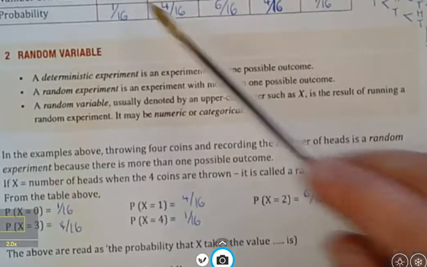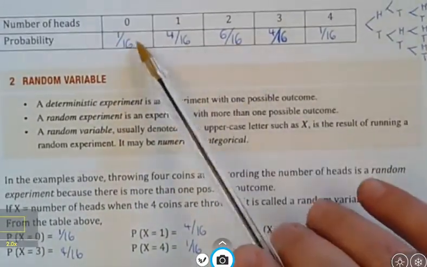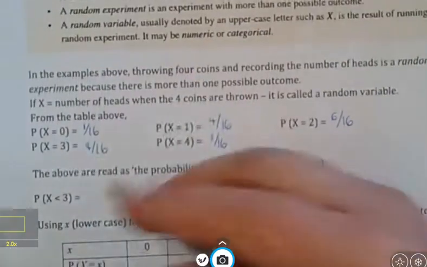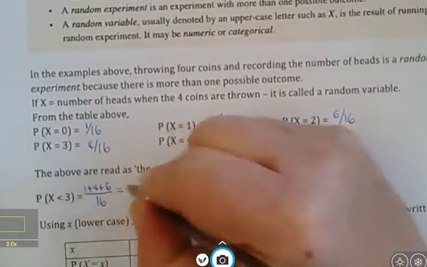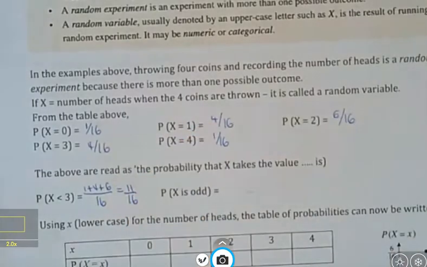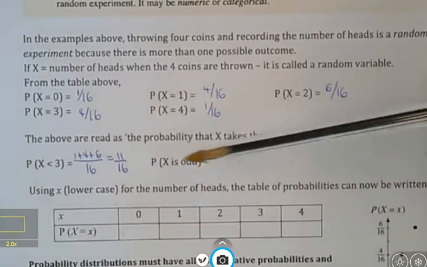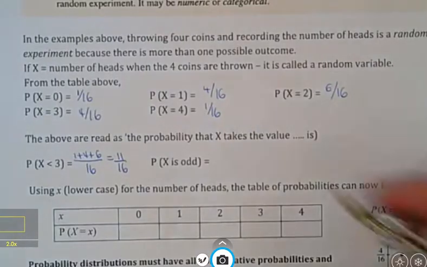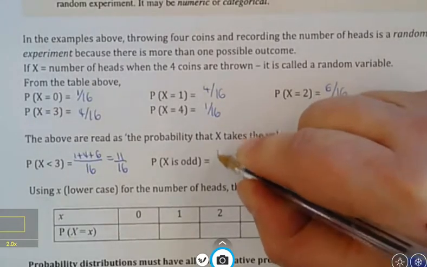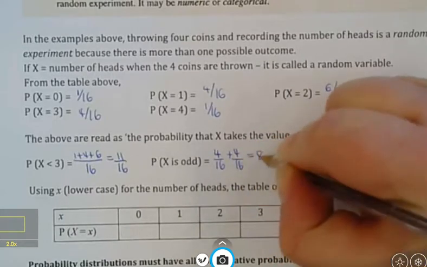You would add any of the ones less than 3, so 1 plus 4 plus 6, all on 16, which is 11 on 16. And the probability that X is odd is the probability that X takes on the values of 1 or 3, which is 4 on 16 plus 4 on 16, which is 8 on 16.